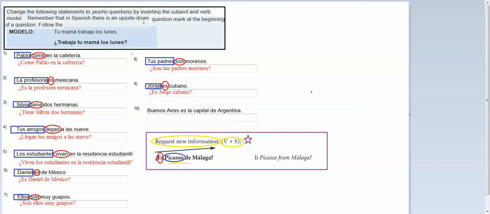Okay, last one, my verb is, my subject is Buenos Aires. So if I want to write my question that requests new information, I start with my upside down question mark, my verb, my subject, and the rest of the sentence.